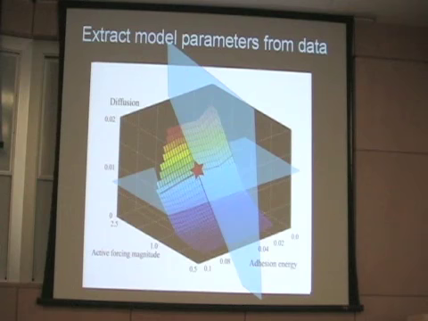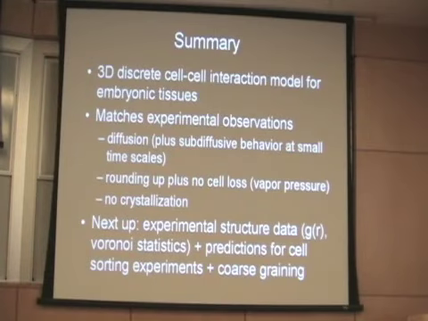So we're really trying to quantitatively match up the simulation with the experimental data. And so this is a cell interaction model for embryonic tissues that matches the experimental observations of diffusion plus subdiffusive behavior, rounding up, no crystallization.